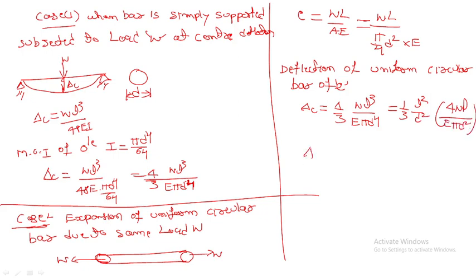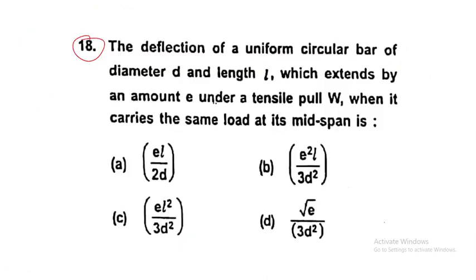So delta C equals 1 by 3 L square by d square times e. So that is delta C equals eL square divided by 3d square. Okay, so the answer for this question is eL square by 3d square.